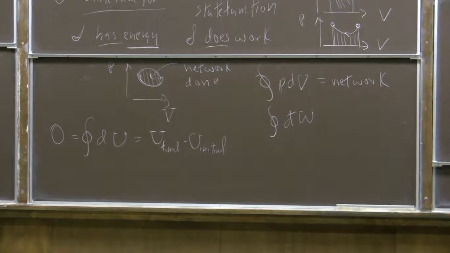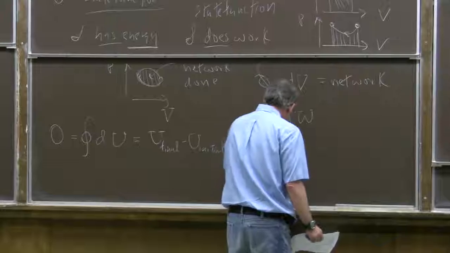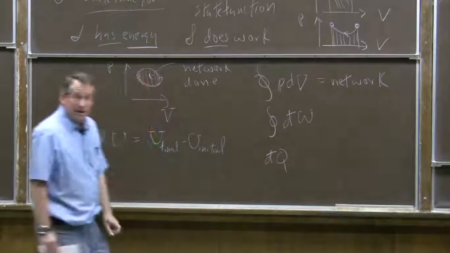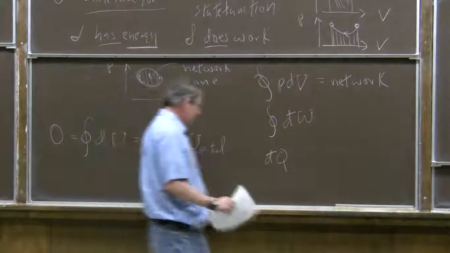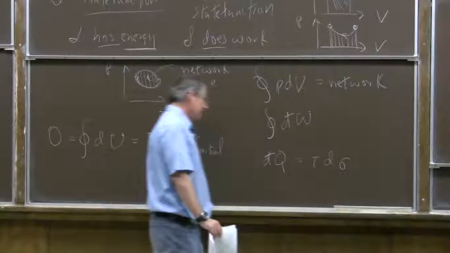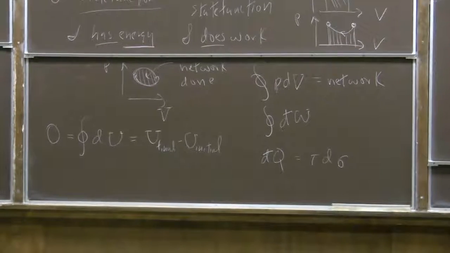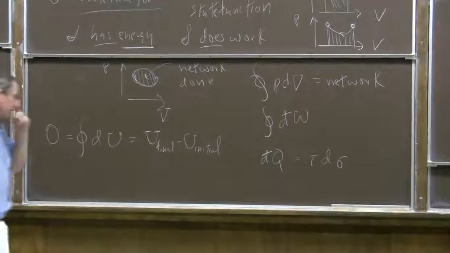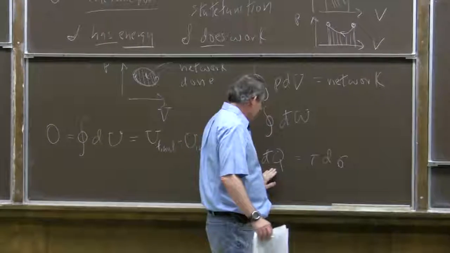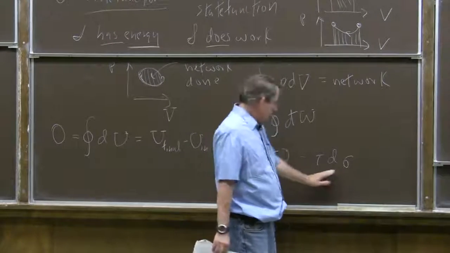And similarly with Q. So I can write, as we know, the heat flow in or out as τ dσ. Sigma is a state function for the system, so is tau. If we add some heat, the system's entropy increases slightly.